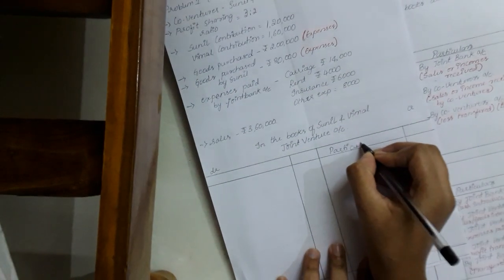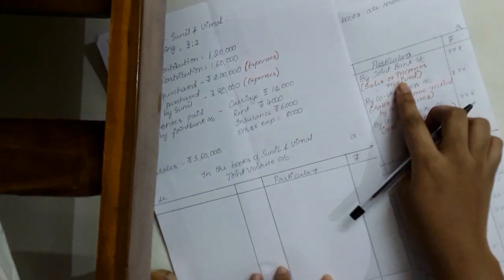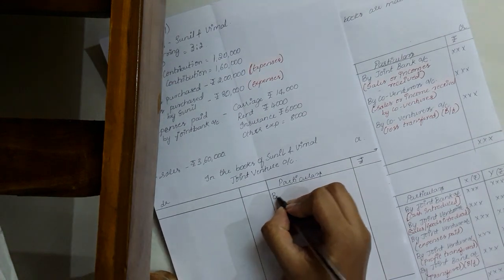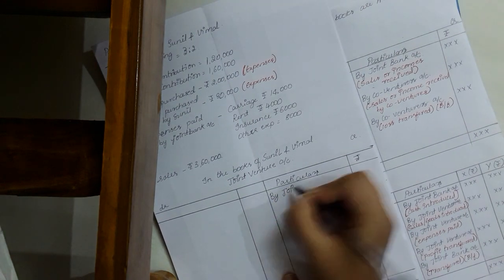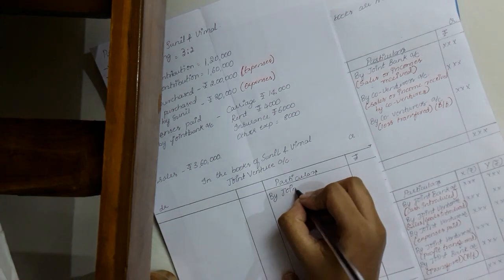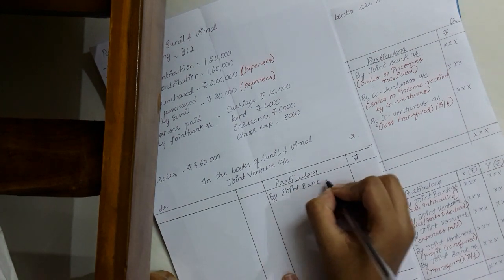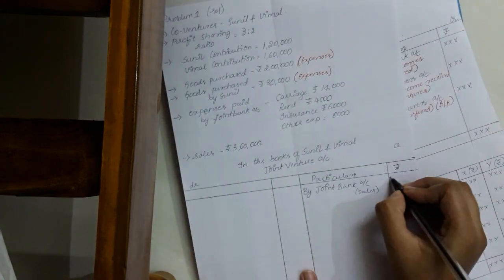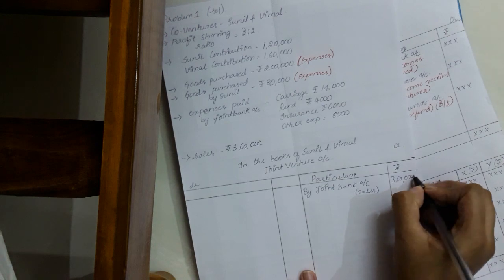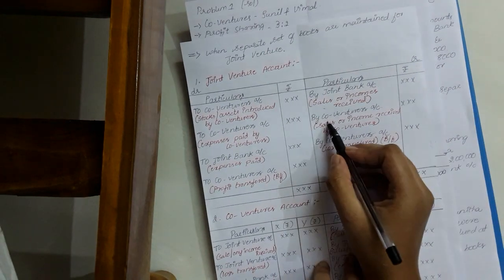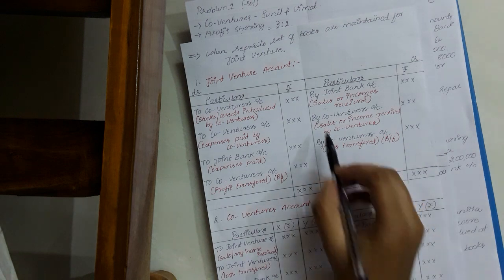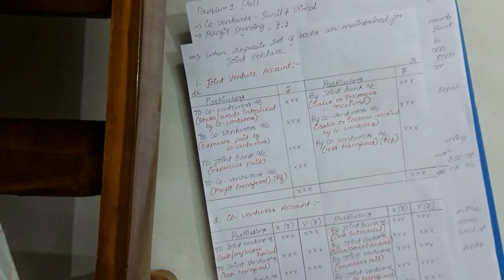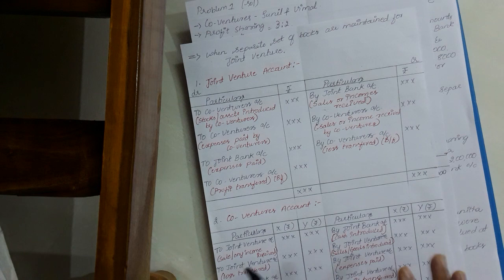So first, by joint bank account, the sales have been made, and the sale value is 3,60,000. Next is the co-ventures account. What does this entry mean?